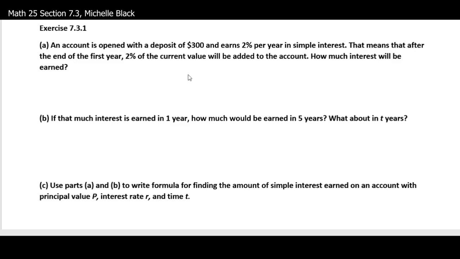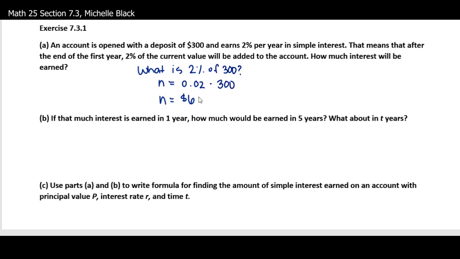Well, I need to figure out what is 2% of 300. So translating this, I have n equals 0.02 times 300. And if you multiply 0.02 by 300, you get back 6. So the amount of interest that this account earns during that 1 year is $6.